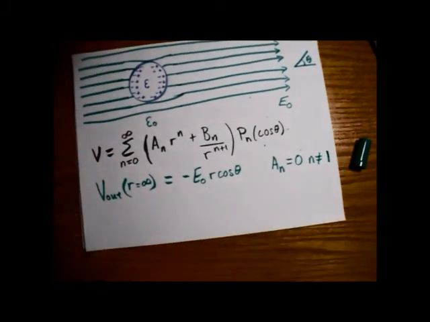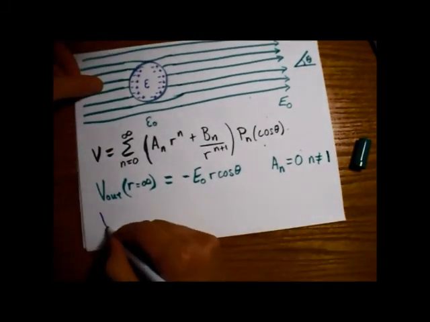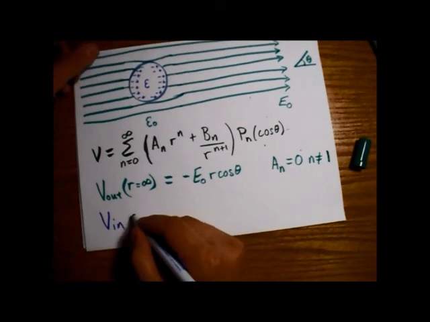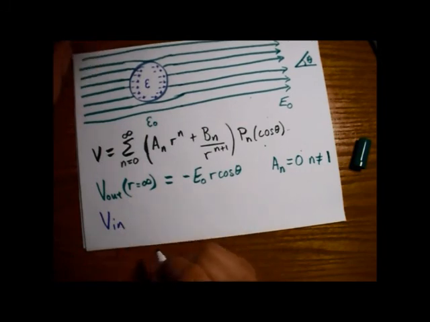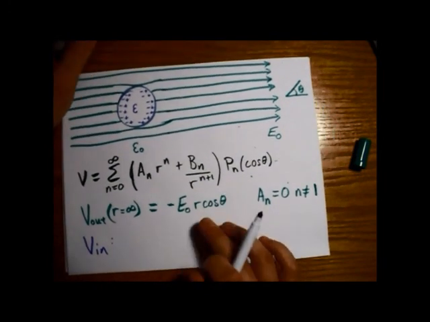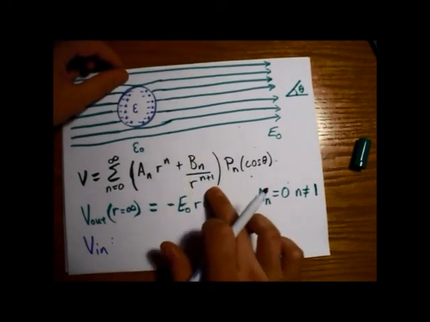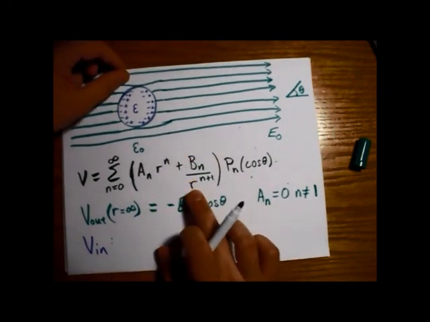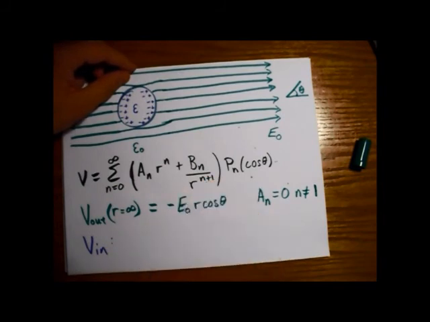Okay. So now let's look at the inside. For the inside, what we can say is we don't want it to blow up because of these r's on the bottom here.